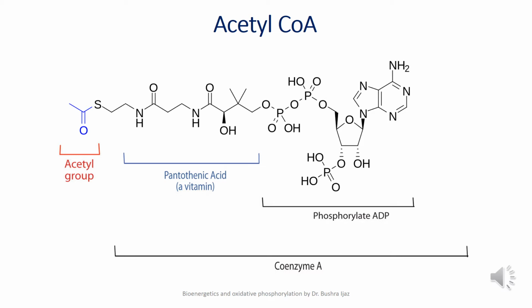While inside the mitochondria at high glucose level, acetyl coenzyme A is produced through glycolysis. Pyruvate undergoes oxidative decarboxylation, in which it loses its carboxylic group as a carbon dioxide molecule, as I told you earlier, to form acetyl coenzyme A and give a large amount of energy.